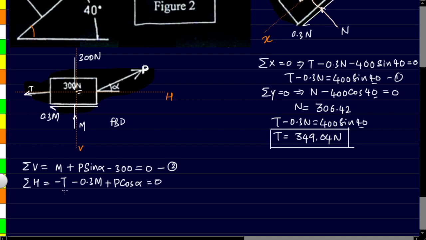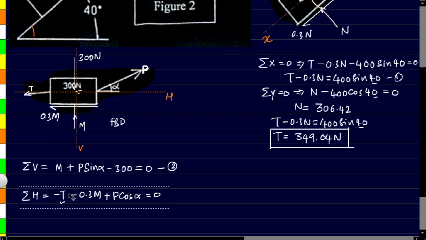Now here once again we are getting 3 unknowns in all. Tension value, of course, we know it from the previous calculation. M, P and alpha are the 3 unknowns. So we'll just have to use substitution method to reduce these equations.